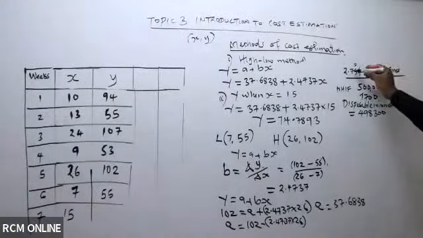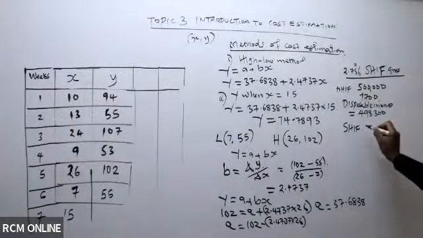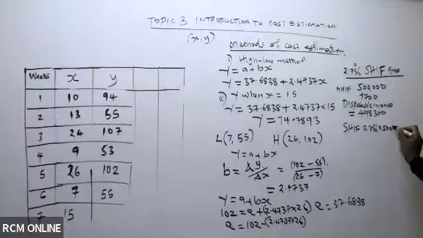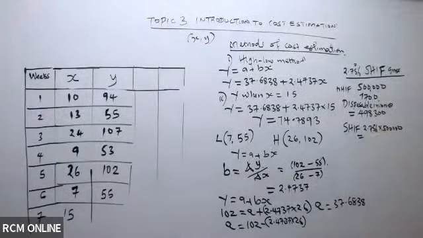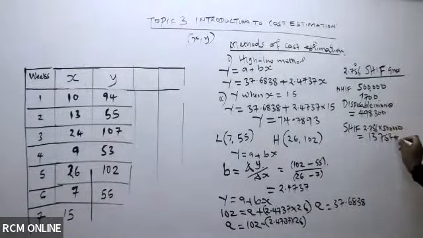Good. After implementation of 2.75%, so we now have SHIF, which is 2.75% of your 500,000. How much will be deducted? 13,750.